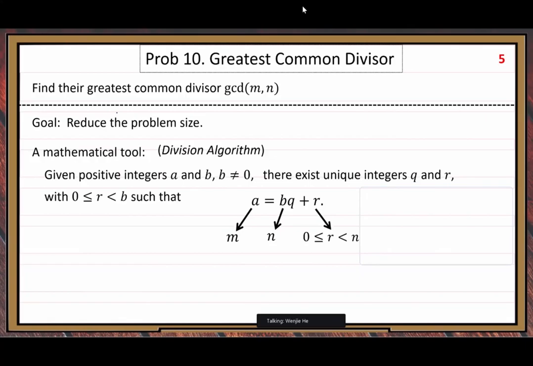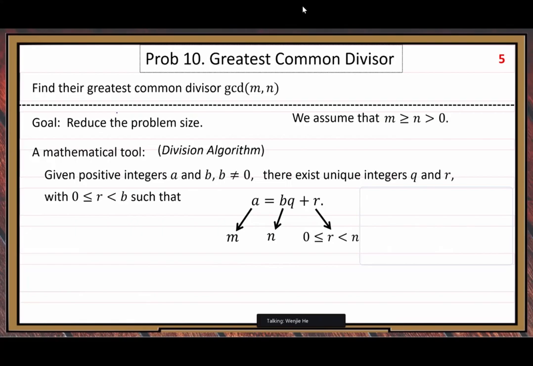So here, let's apply this division algorithm on our input. Two parameters, little m, little n. So we can apply it. And for convenience, we assume m greater or equal to n.